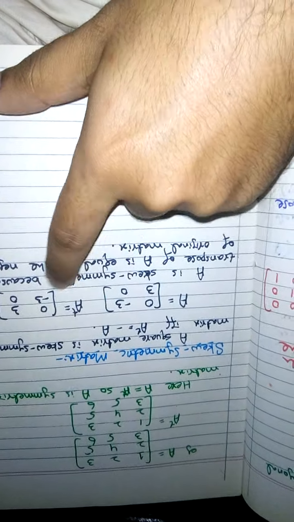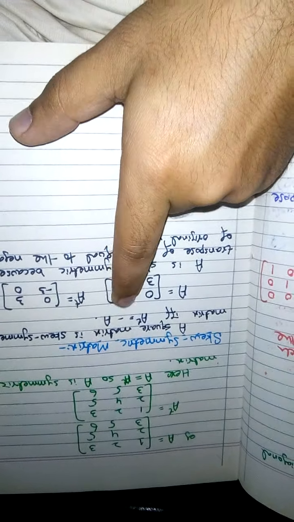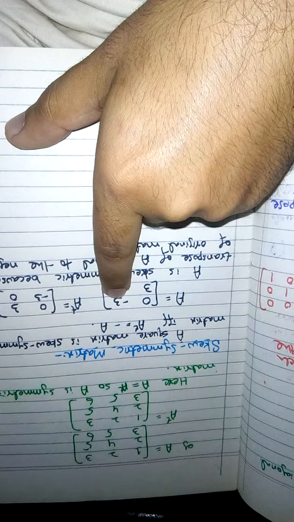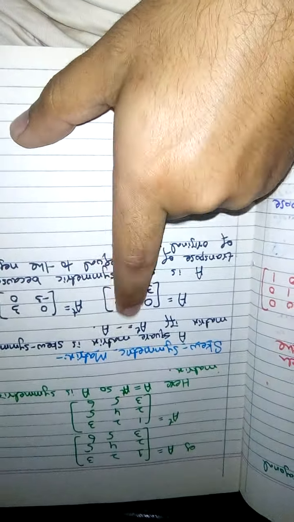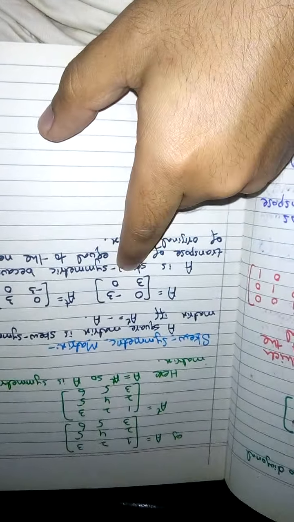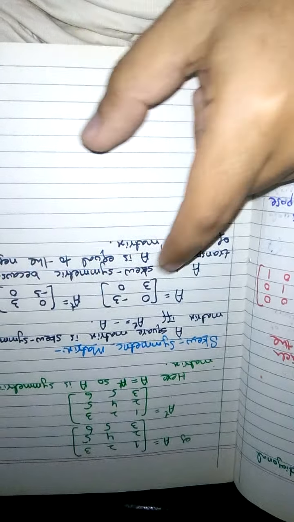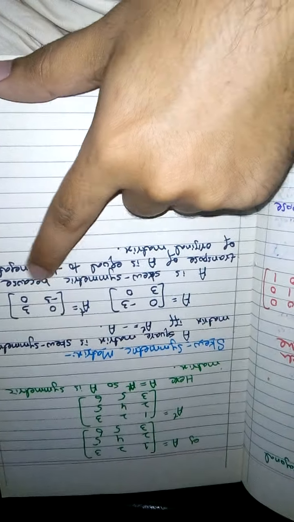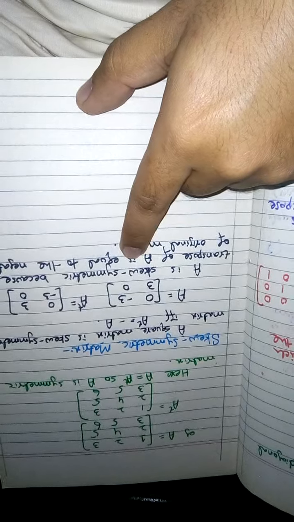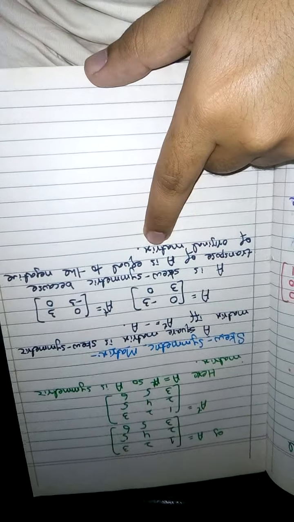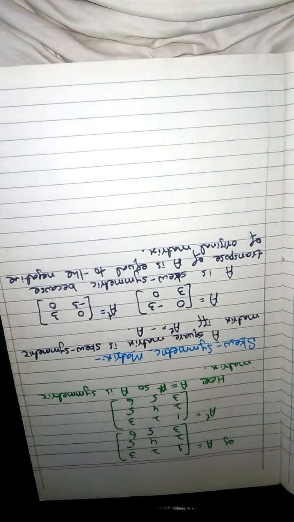The second element is 3, here it is also 3, but the signs are changed, positive 3 and negative 3. So A is skew symmetric because the transpose of A is equal to the negative of the original matrix.